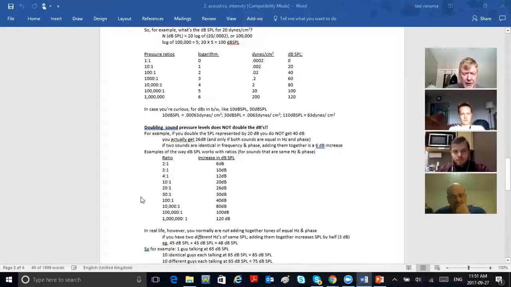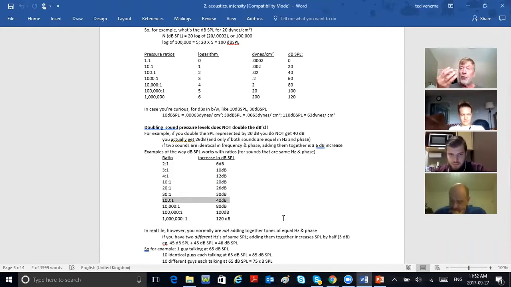Okay? First of all, everybody in the choir is different. Second of all, if you increase the pressure by 100, let's look at that. What happens when you increase the pressure by 100? Look at the table here. If I increase the pressure by 100, how many decibels do you go up? 40.